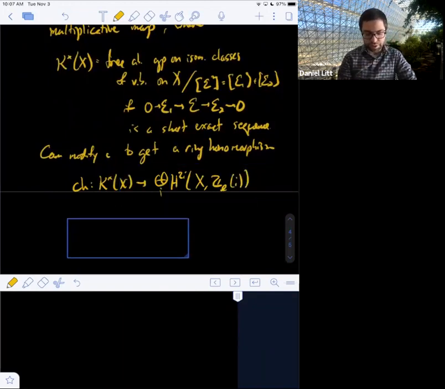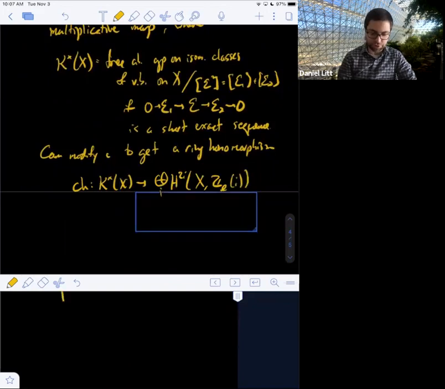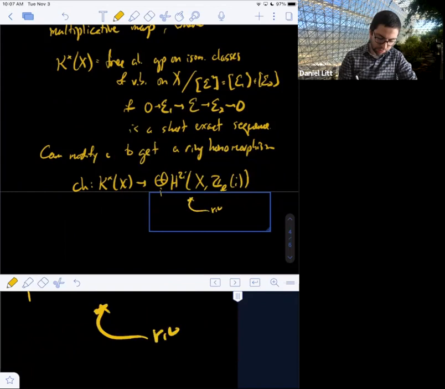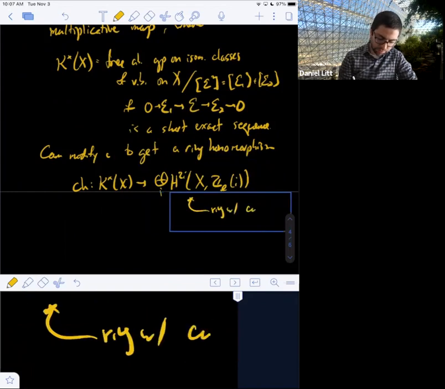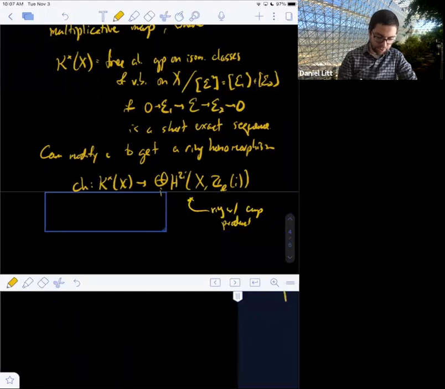So here, what is the product structure? On the left, this is a ring with the cup product. And here, this becomes a ring with the tensor product as the operation.